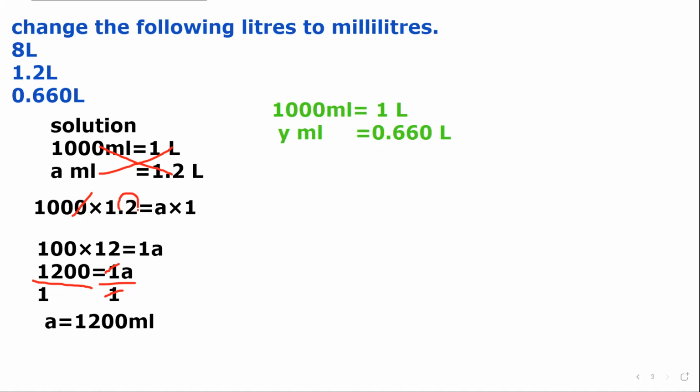Then you do your cross multiplication: this one multiplies that, this one multiplies that. Now we have 1000 times 0.660, which is equal to y times 1.